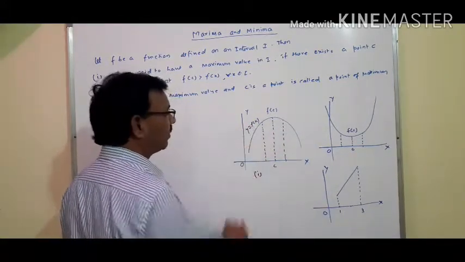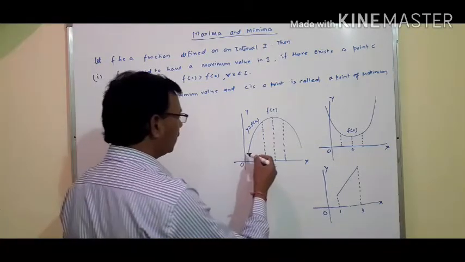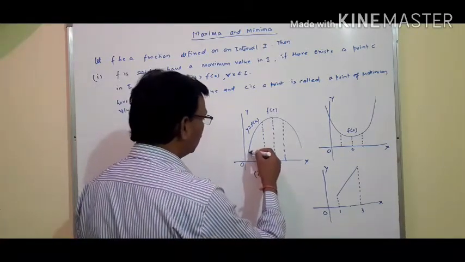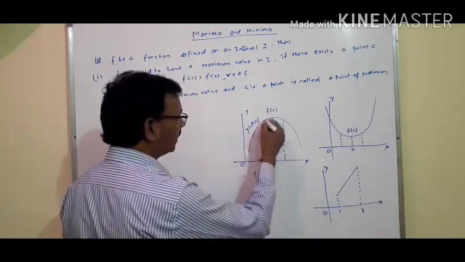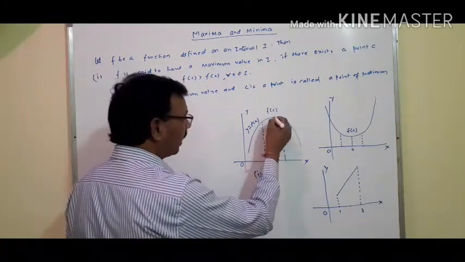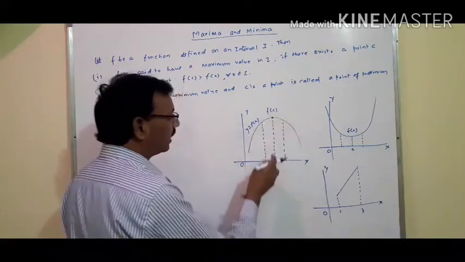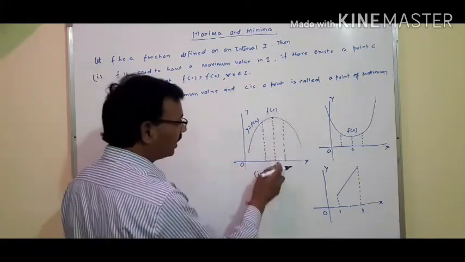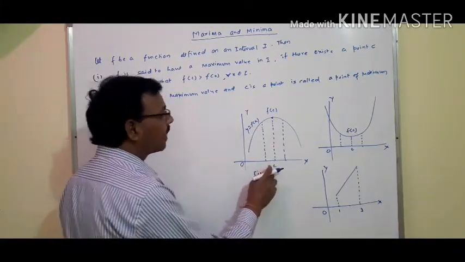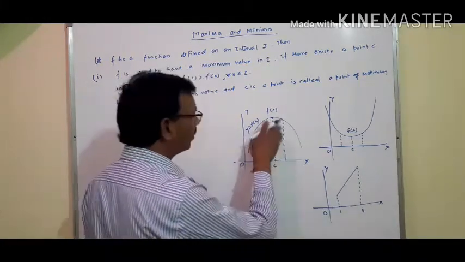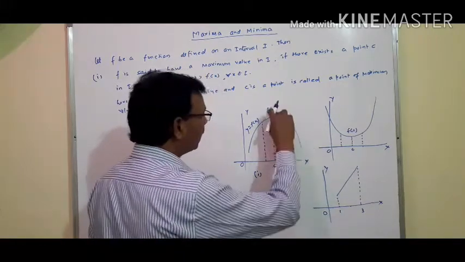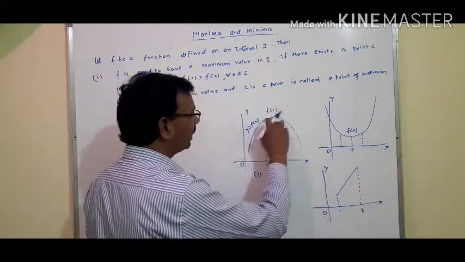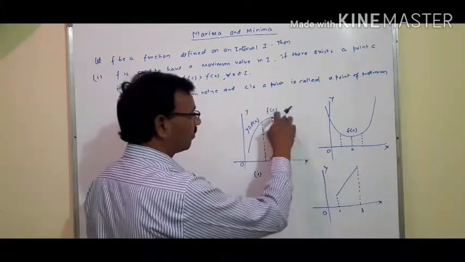Y equal to f of x is a function, and if we go from 0 in the positive direction, this graph is increasing, and at this point it is the maximum value, and this point is known as point C. After that, if we move in the positive direction again, the value of the function is decreasing.